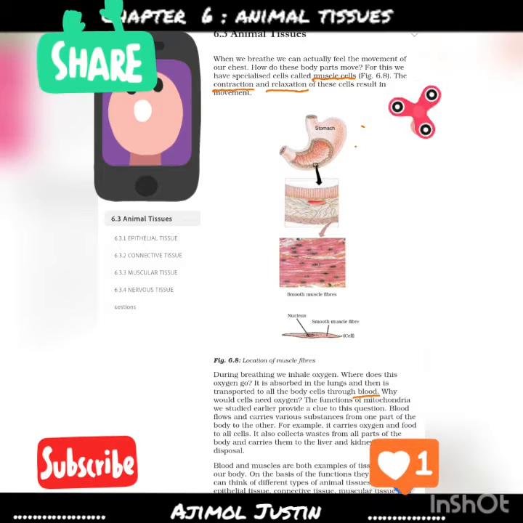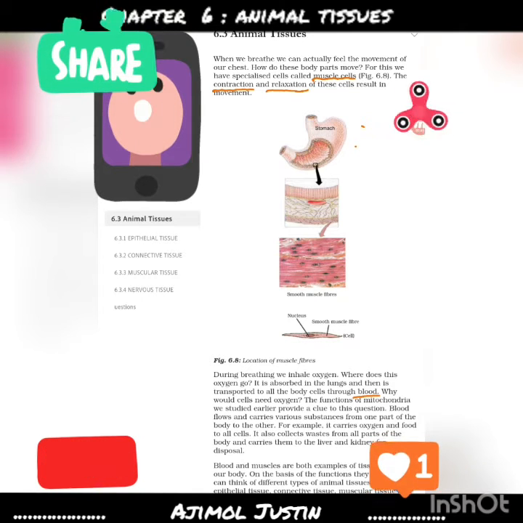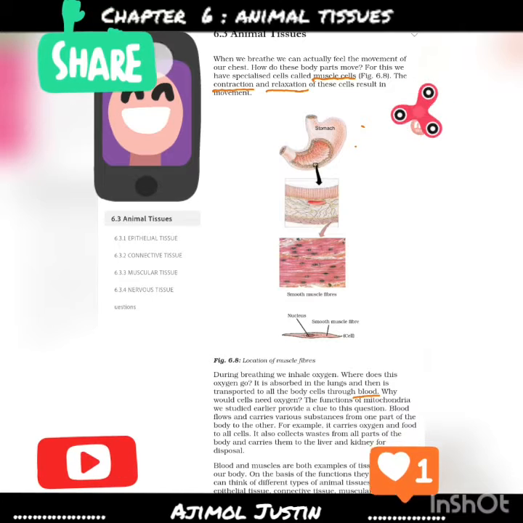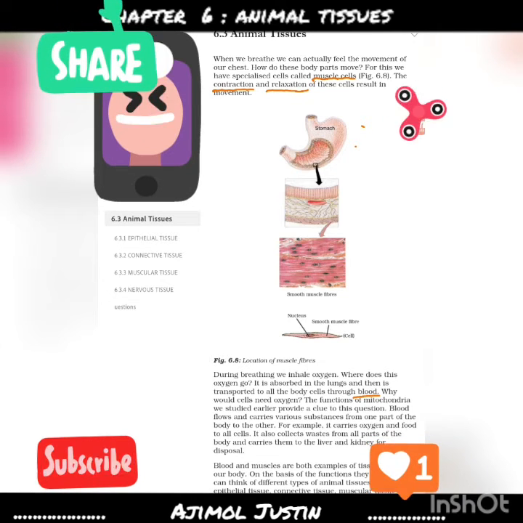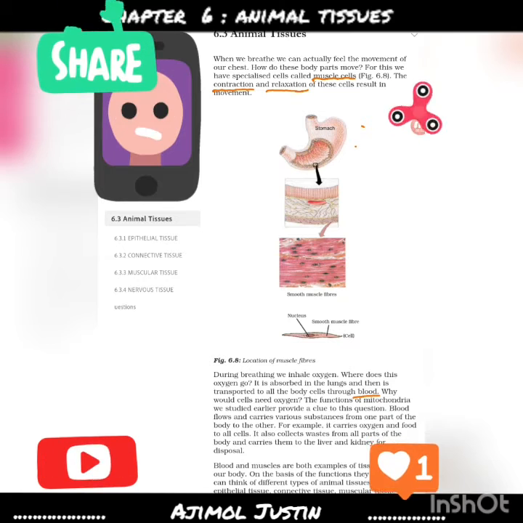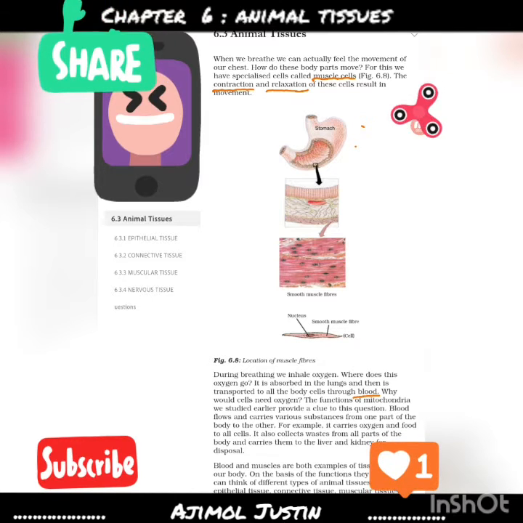Why would a cell need oxygen? The function of mitochondria. In the other chapter you have learned the function of mitochondria is to provide what? Energy to the cells. Blood flows and carries various substances from one part of the body to the other.